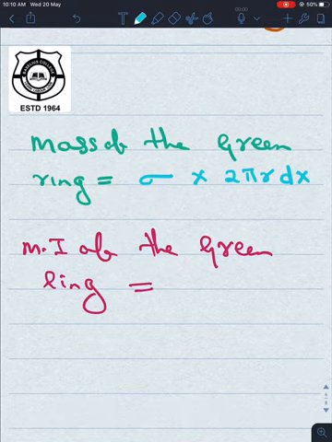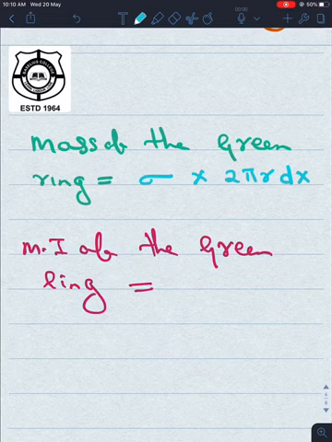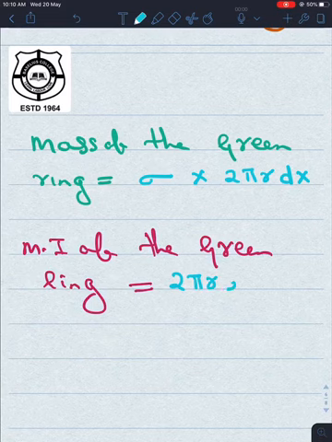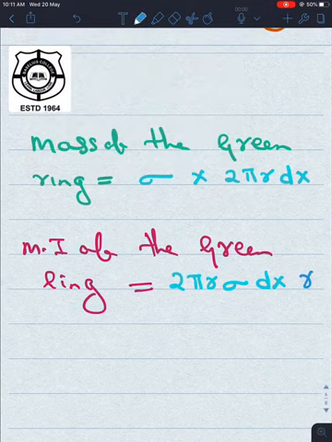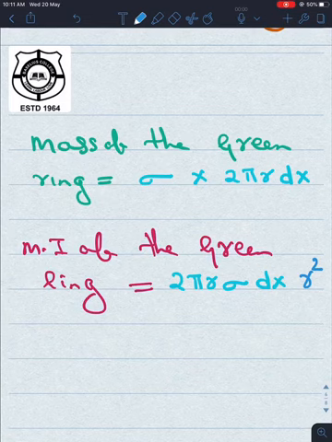And we know the moment of inertia of the green ring can be found by using equation 1, which says it is equal to mass into radius square. So mass we have found as 2 pi r sigma dx times the radius square, and here the radius is r, so r square.